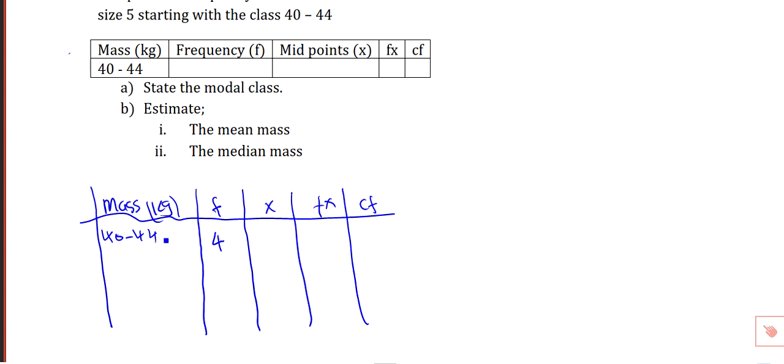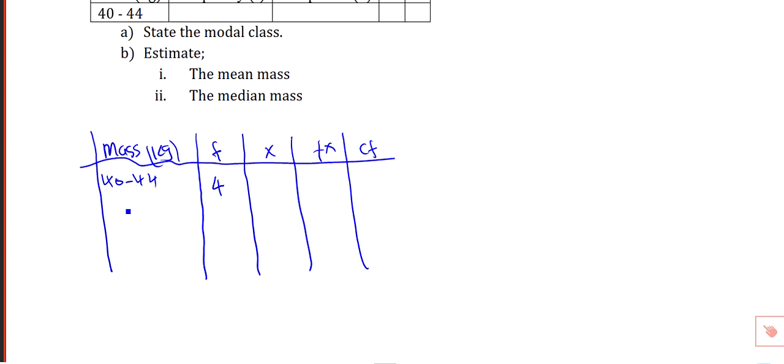Class size we were given to be 5, so we are going to write down all the classes. So 40 to 44, next will be 45 to 49, and then 50 to 54, then 55 to 59. So this is how we are going to proceed on.